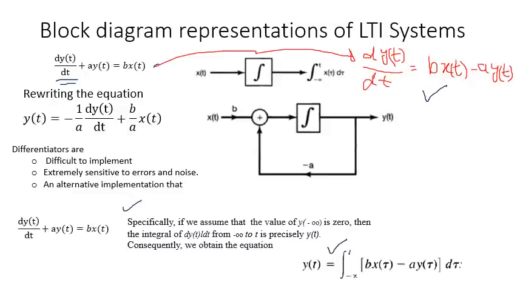So specifically, if we assume that the value of y at minus infinity is equal to 0, then the integration of dy upon dt from minus infinity up to t is y of t, and consequently we obtain this equation.